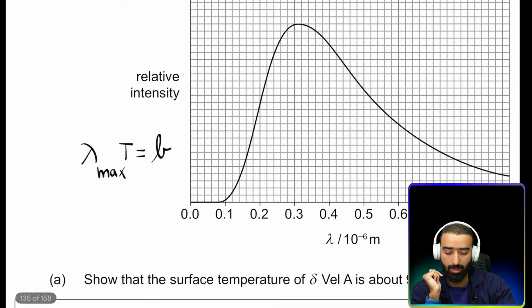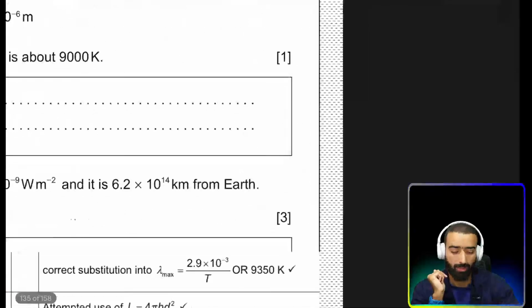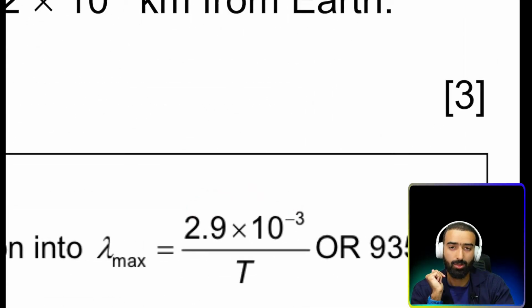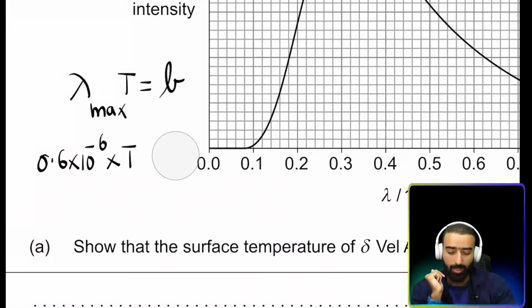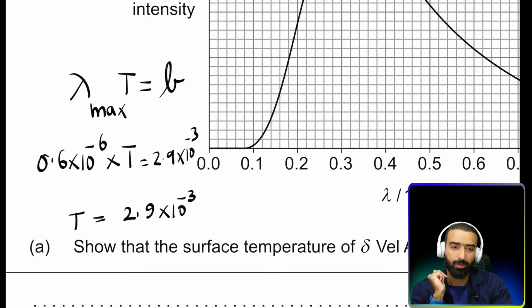So that goes here, 0.6 into 10 to the minus 6 times the Kelvin temperature is a fixed constant. The value of the constant is here, 2.9 into 10 to the minus 3. And now you just need to solve for T. T would be 2.9 into 10 to the minus 3.